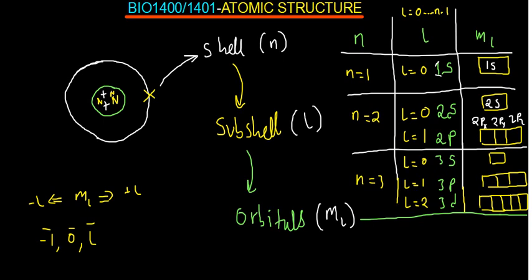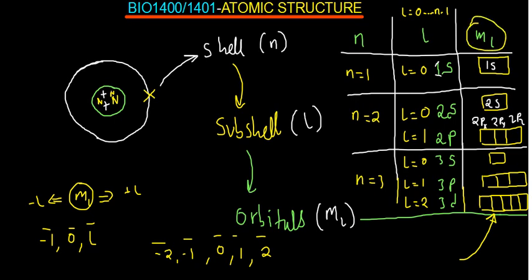How many suborbitals are we going to have? You need to find ML. ML is the number from negative L to positive L. So we're going to have negative 2, negative 1, 0, positive 1, and positive 2. How many are these? 1, 2, 3, 4, 5. That's why you can see these orbitals are 5, because you are talking about ML, a number from negative L to positive L.